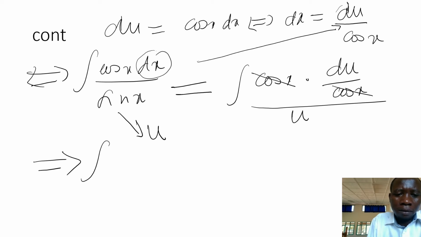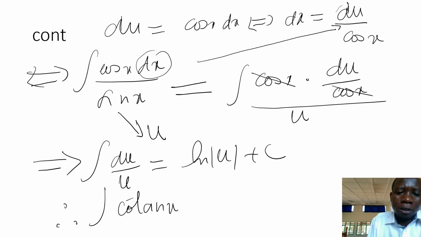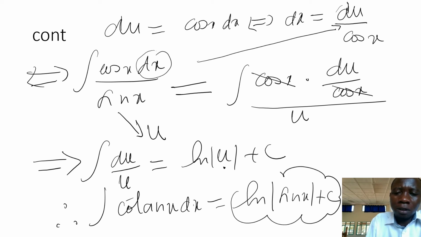We are going to have negative du over u, which is negative ln of u plus c. Therefore, my integral of tan x dx is equal to negative ln of cos x plus c. This is the answer for this integral.